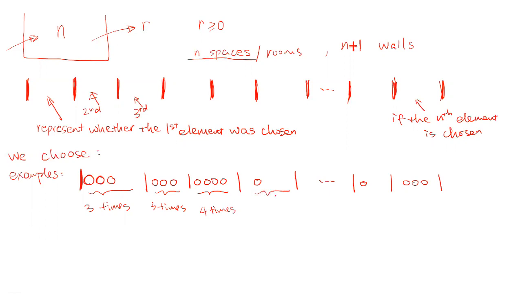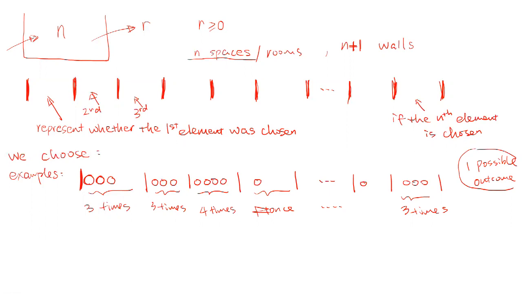The fourth element got picked once, etc. The last element got picked 3 times, right? This is one possible outcome, right?